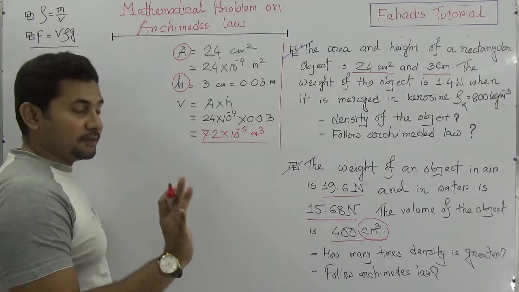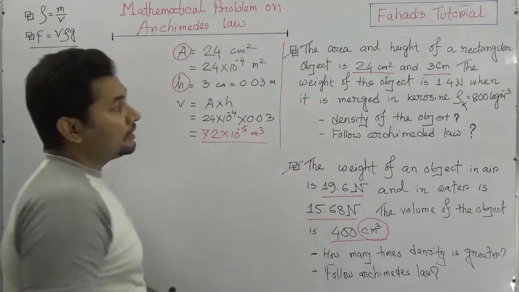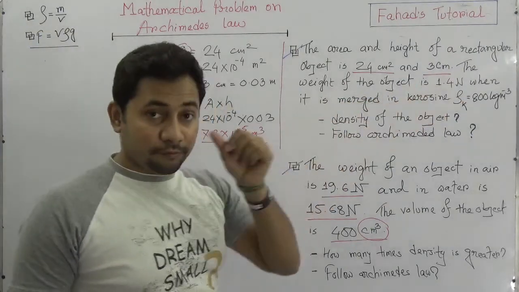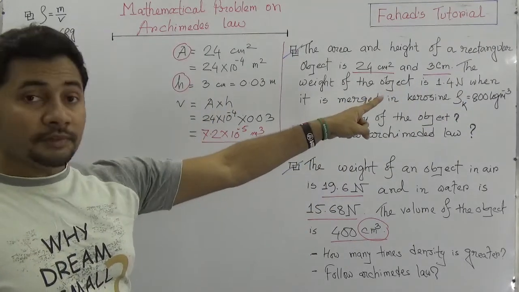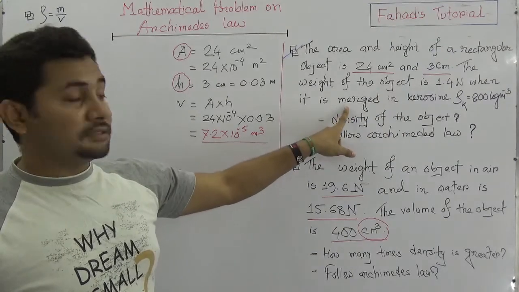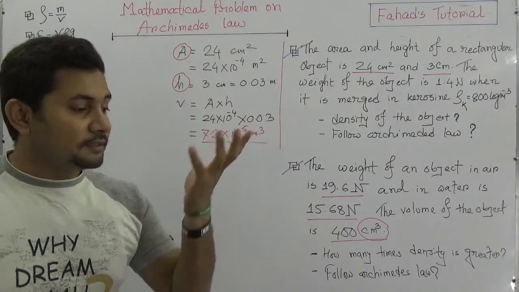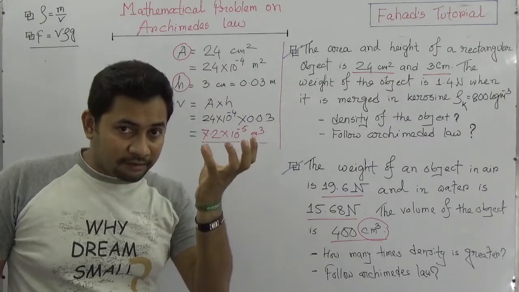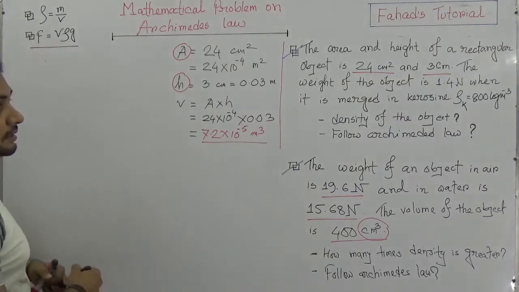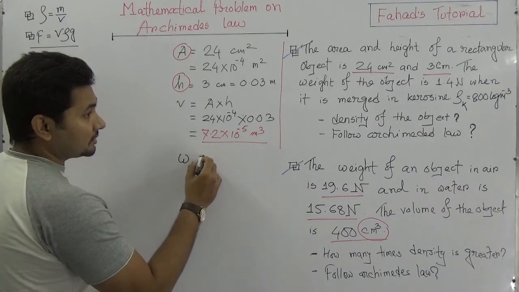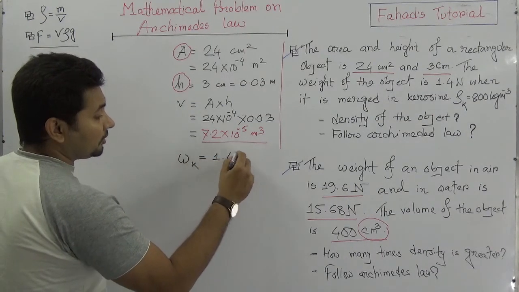We got the volume. Okay. So the weight of the object is 1.4 Newton when it is immersed in kerosene. Here it is a new liquid. That means the weight of the object in kerosene was 1.4 Newton.